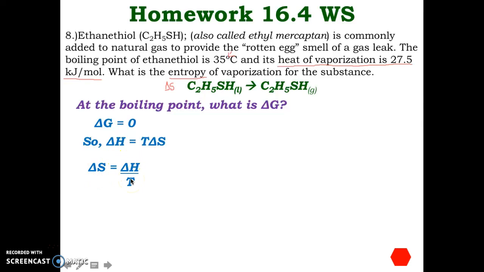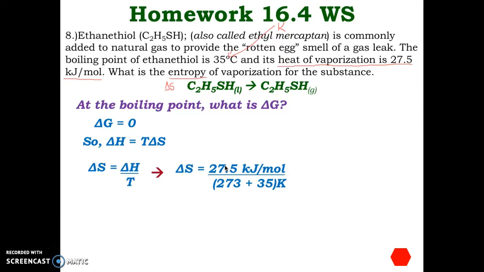My delta H is 27.5 kilojoules per mole. My temperature is 35 Celsius. So hopefully we remember that Celsius needs to be converted to Kelvin. In this equation, our temperature is in kelvins. So I'm going to add 273 to that, and I'm going to put my delta H right on top.